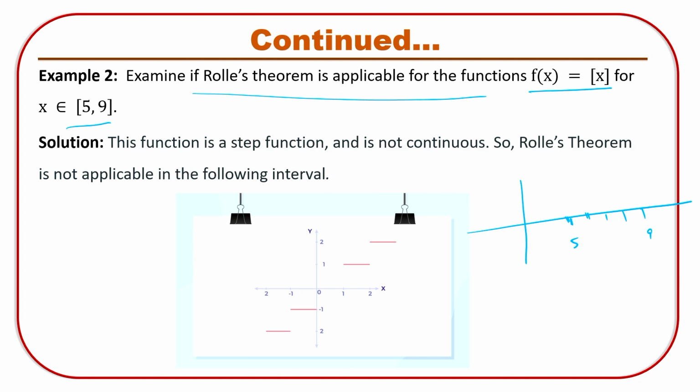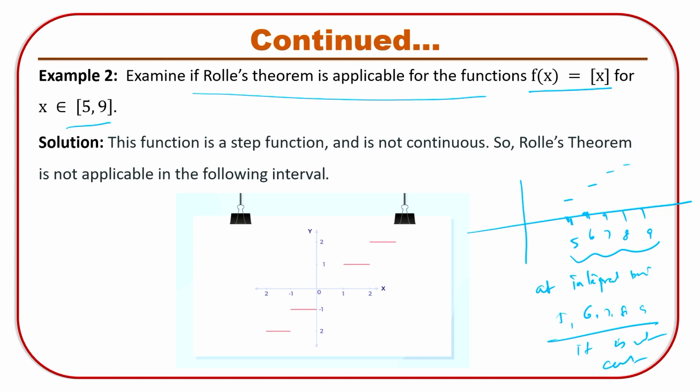The greatest integer function is not continuous at every integer, and hence from there to there the greatest integer is not going to be continuous at the integral points 5, 6, 7, 8, 9. It is not continuous, and hence Rolle's theorem does not apply.